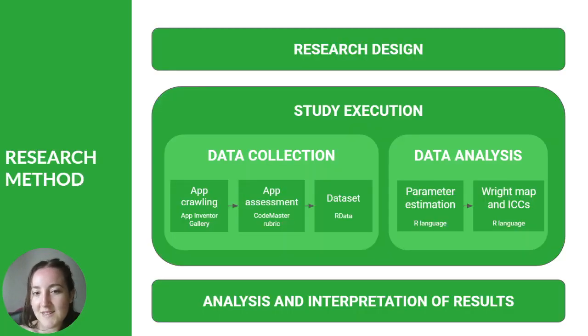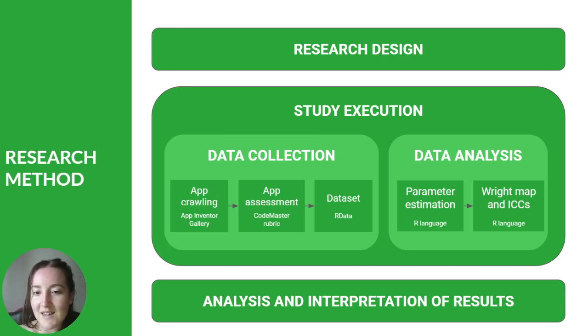So we follow these research methods, starting with research design. Then on study execution, we have data collection, including app crawling from the App Inventor gallery. Then we assess these apps using the Codemaster rubric.